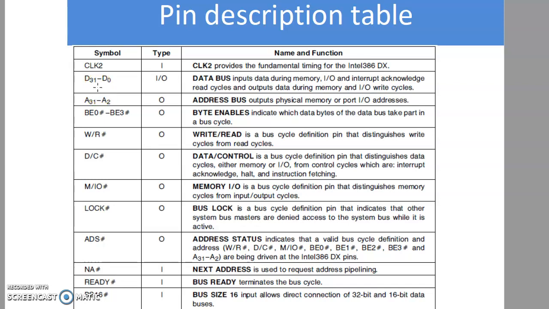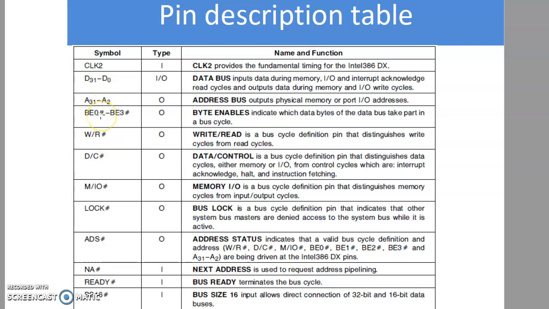So what happens is that depending on whether it's a read machine cycle or write machine cycle, during read machine cycle from memory the value will be read into the data bus, and during write machine cycle from data bus the value will be copied into the memory.